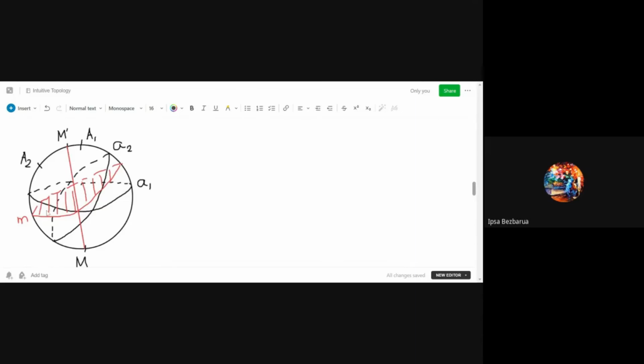And I claim this section small m will not contain any singular points. Suppose it contained a singular point, say n.